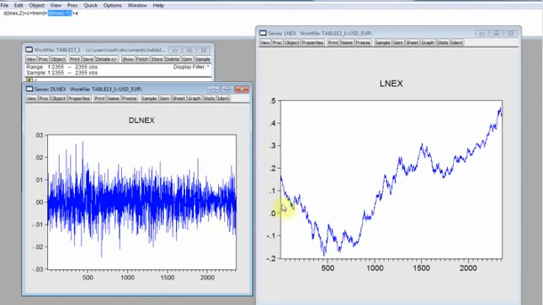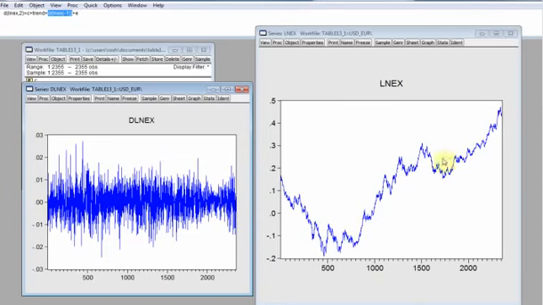But in the level series, if you put a line along 0 on the y-axis, you will see that the values do not come back to the 0 line. They go up or down; they're sort of drifting. Now in this case, the values go up, but they come back quickly to 0. So this is the stationary series, while this is not a stationary series.